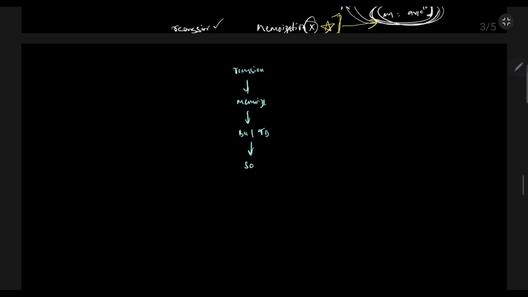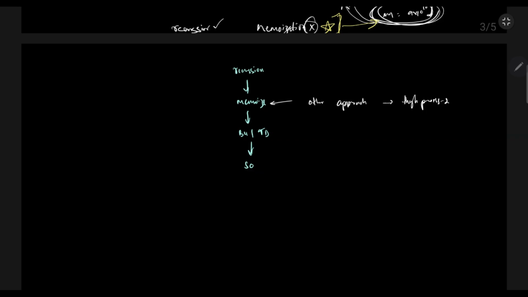But here in this problem we cannot do the memoization, so we need to think of another approach. This is where we'll go to thought process 2.